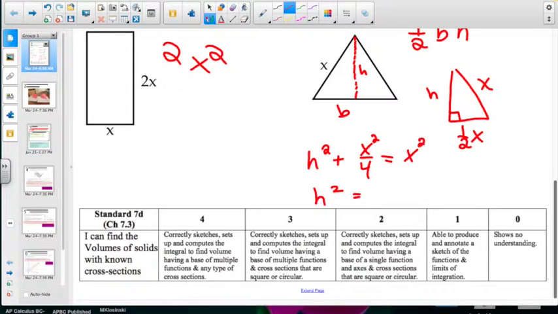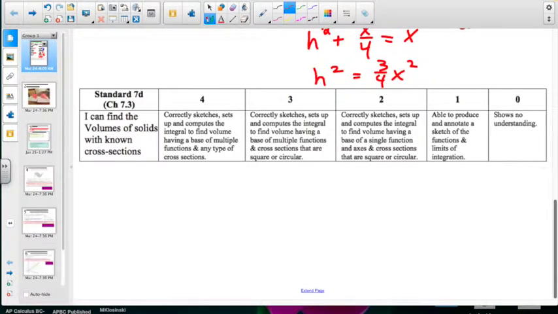I've got 1 minus 1/4. Think about a whole pizza, take away a fourth of it. 3/4 left, right? I always relate things to food. Square root both sides, what do you have? Height equals square root of 3/4 x.